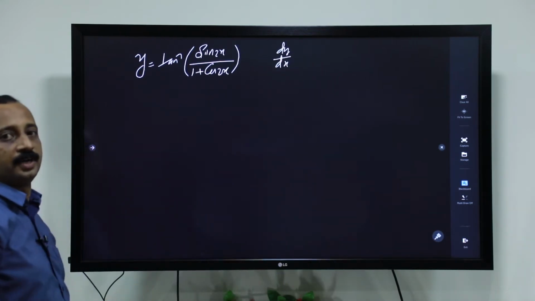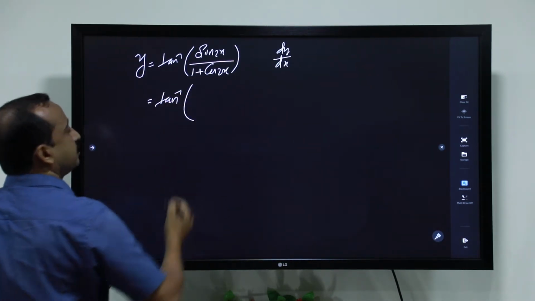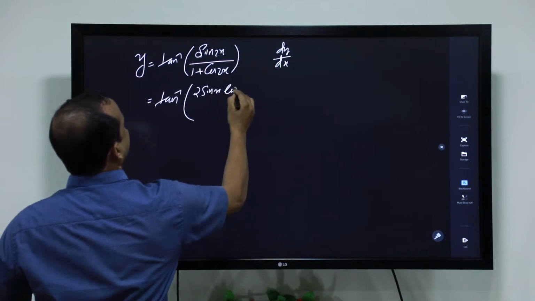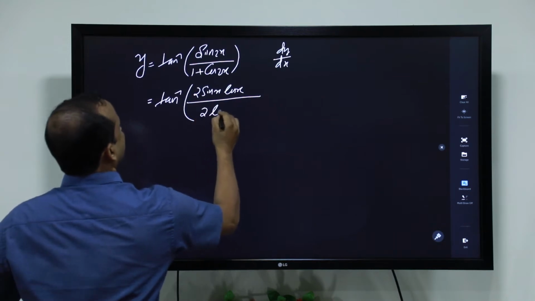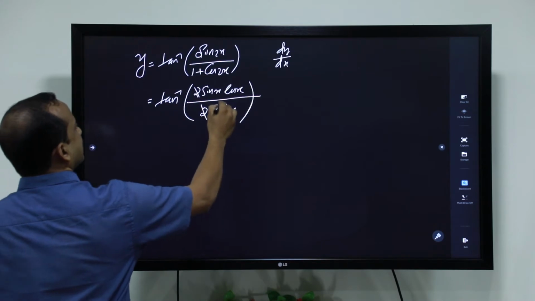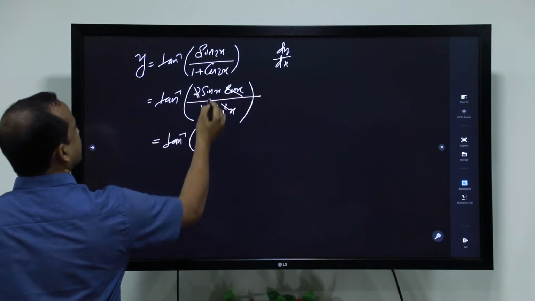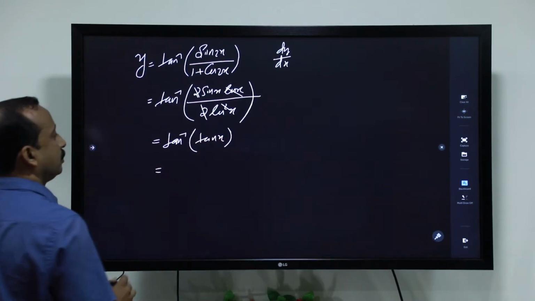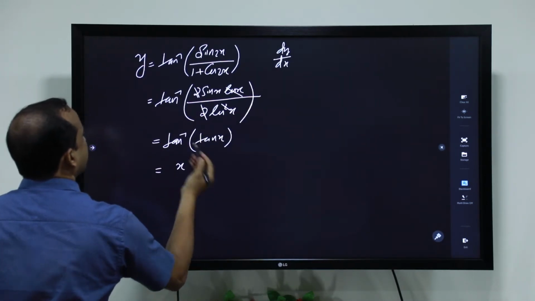That is tan inverse of, you already know sin 2x is 2 sin x cos x, and 1 plus cos 2x is 2 cos square x. Here 2 cancels, cos cancels, and we get tan inverse of sin by cos, which is tan x. Tan inverse of tan x is x.